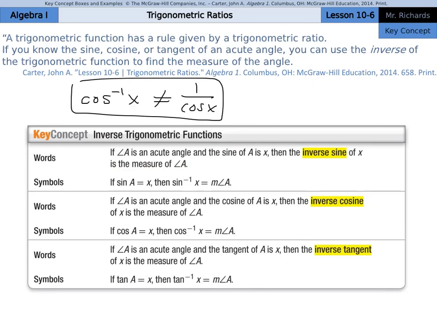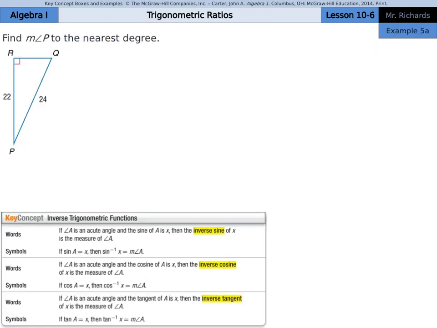Now let's go ahead and go through a couple of examples because that might make this make just a little bit more sense. Find the measure of angle P to the nearest degree. So we're here looking for angle P. Well, if we look towards the opposite side here, here's our opposite.